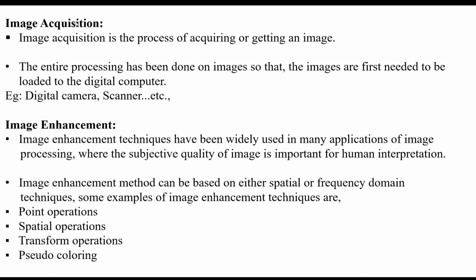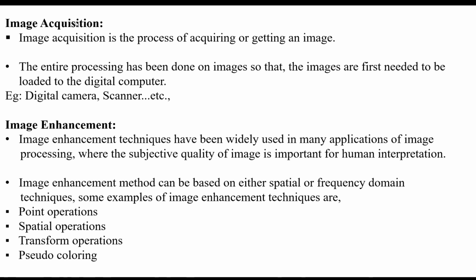The entire processing is done on images, so the images first need to be loaded into the digital computer. Firstly, if you want to perform any action on a particular image, you have to keep that image in your computer.